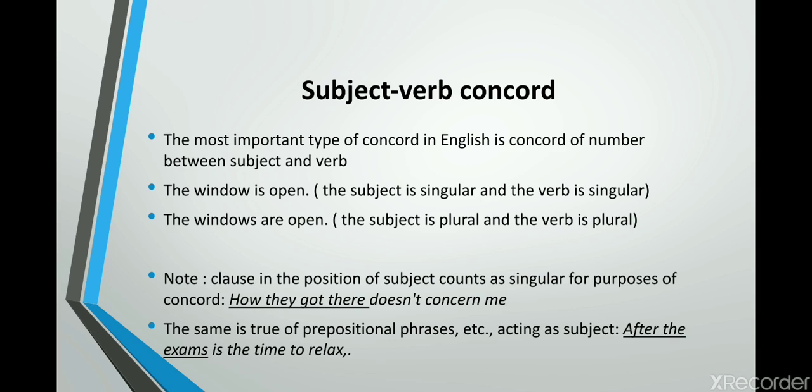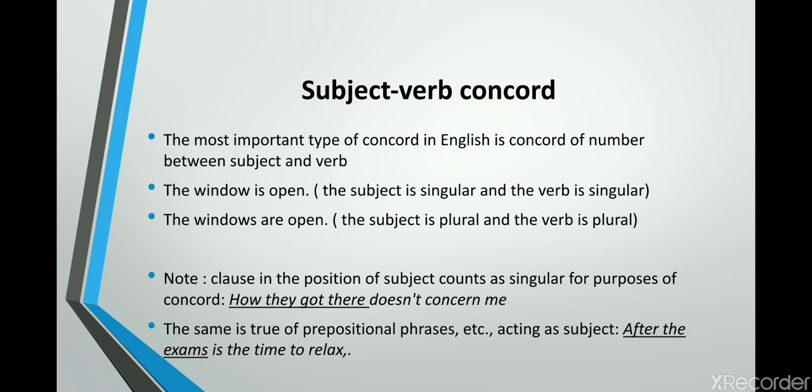A very important note to take into consideration is that when we have a clause in the position of a subject, we consider it as singular. So the clause, if it comes as a subject, we are going to consider it as singular.